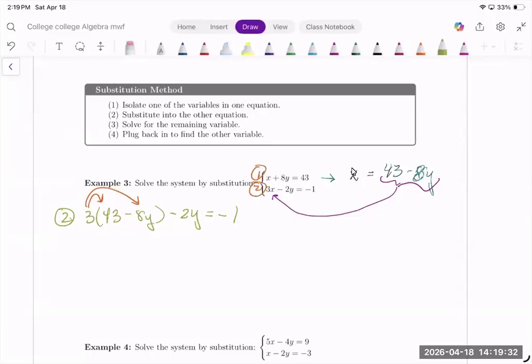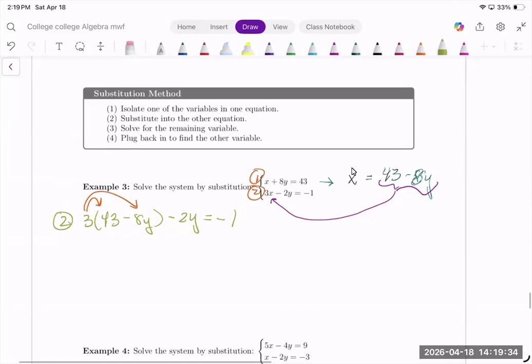So then we have 3 times 43, 3 times 3 is 9, 3 times 4 is 12, and 3 times -8 is 24y. Minus 2y equals -1. Combining like terms, 129 minus 26y equals -1.